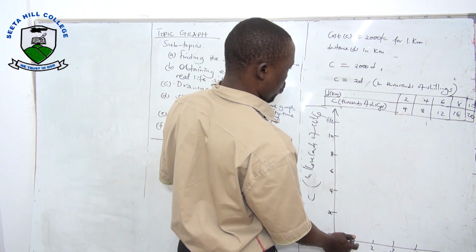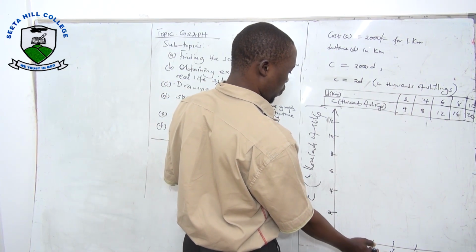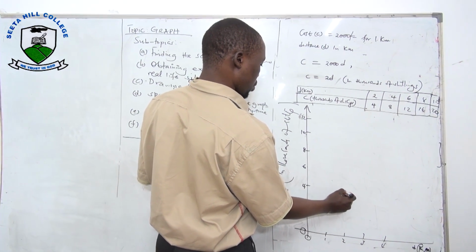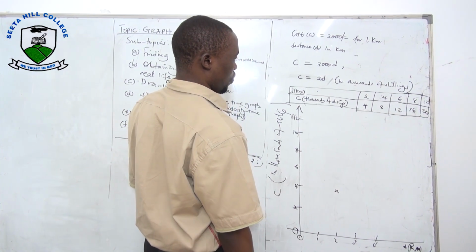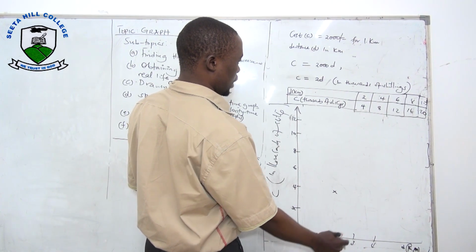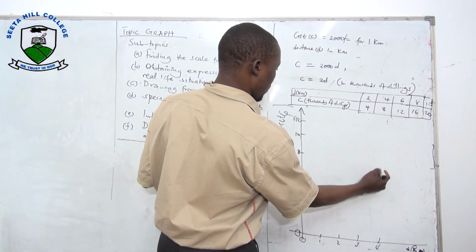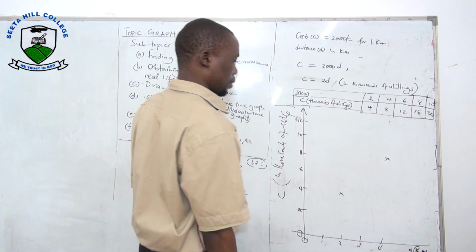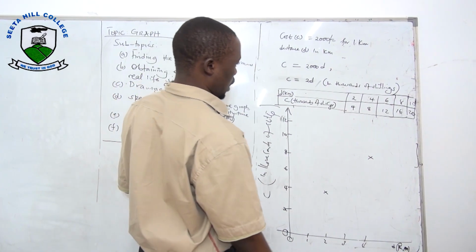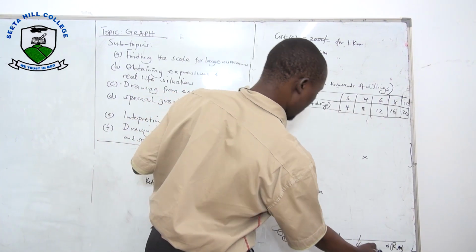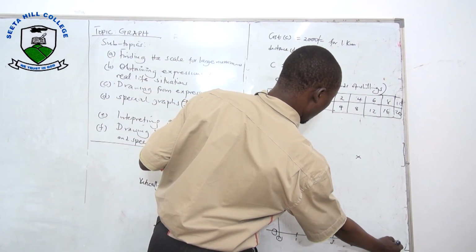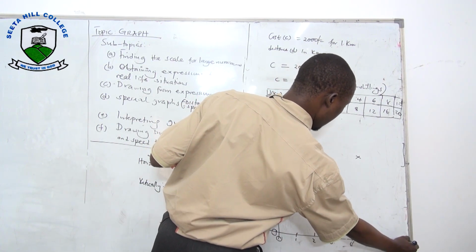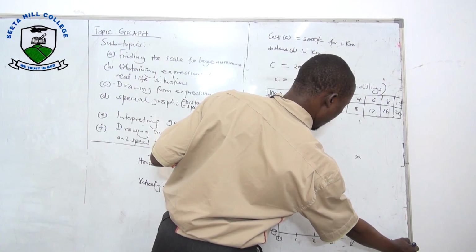Now, 2 against 4. Then 4 against 8. Then 6 against 12. Plot until you finish up 8 and 10. Don't forget the arrow.